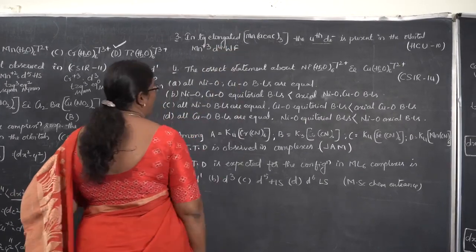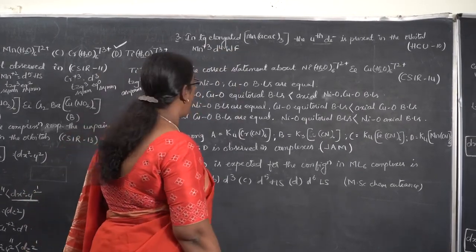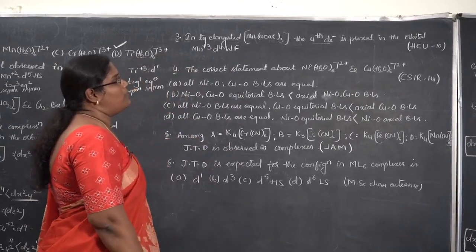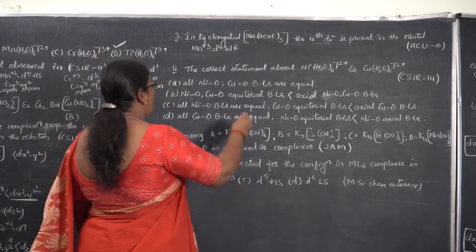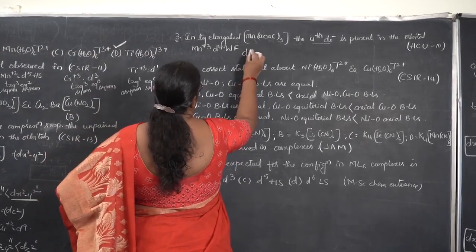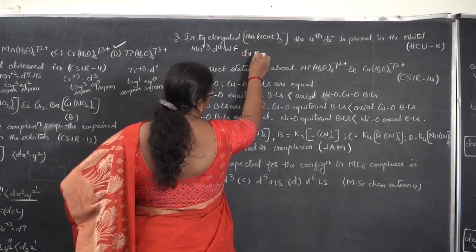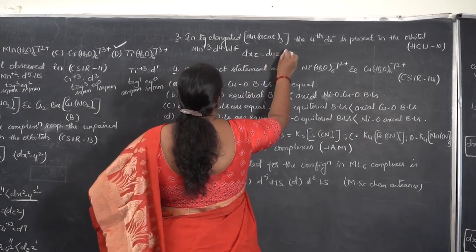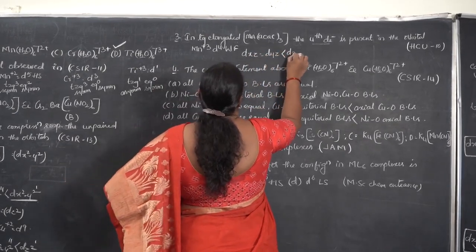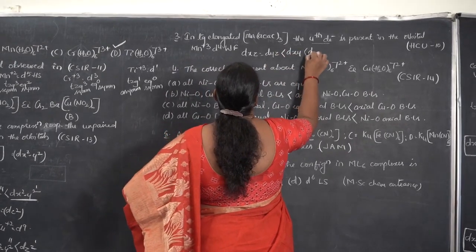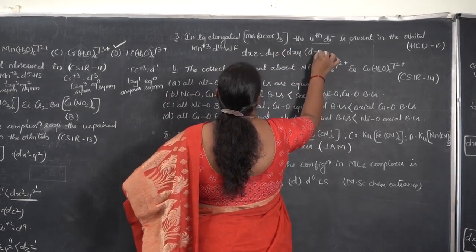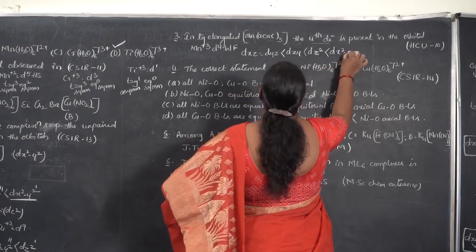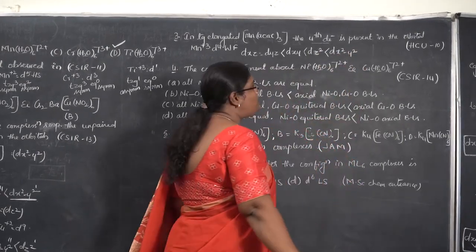So the order of energies of orbitals is dxz equals dyz less than dxy less than dz square less than dx square minus y square.